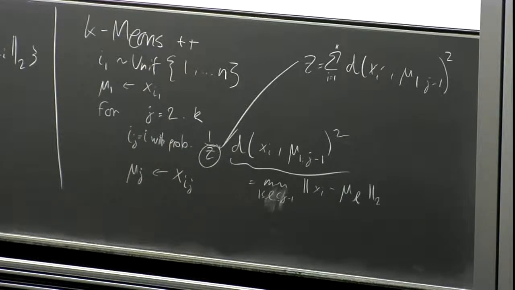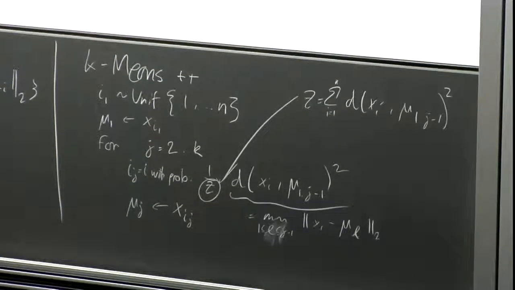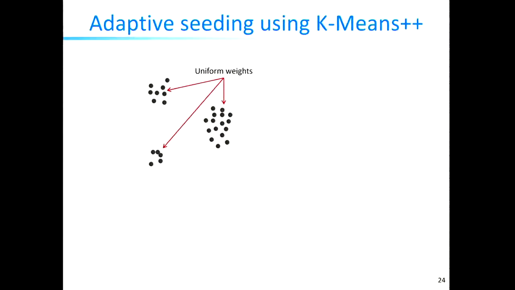Okay? And so here's an illustration of this algorithm in practice. You start with uniform probabilities, uniform weights for all the points. Now we would draw one of the points, maybe from the big cluster. And now we compute the probabilities according to the formula we've discussed.